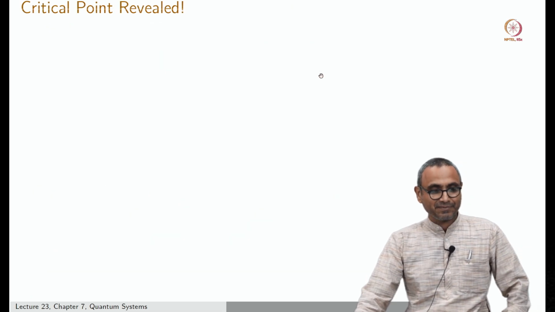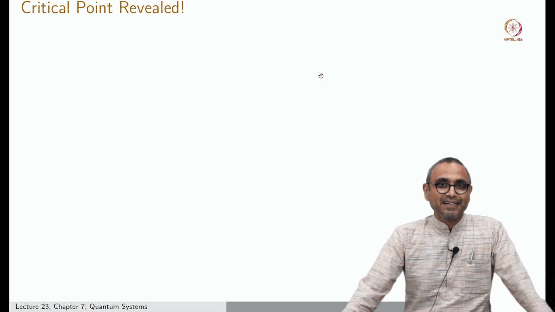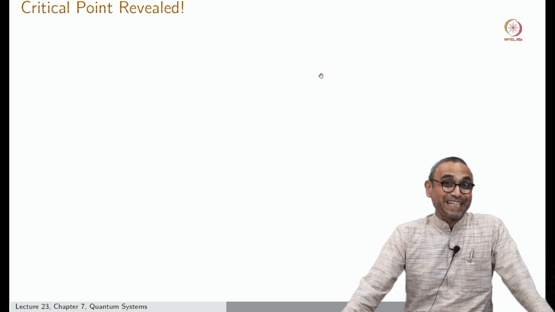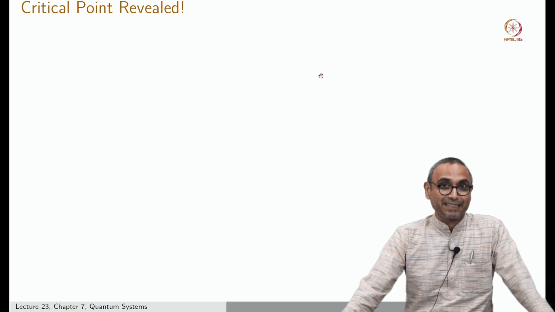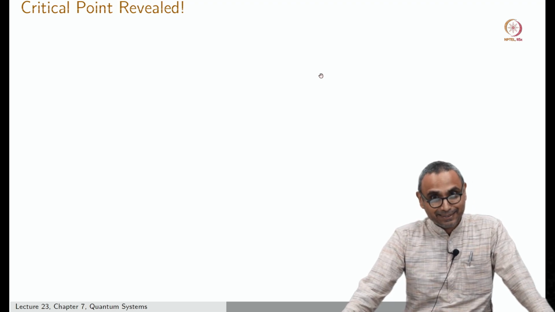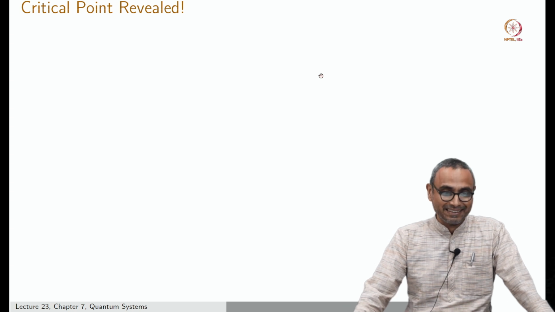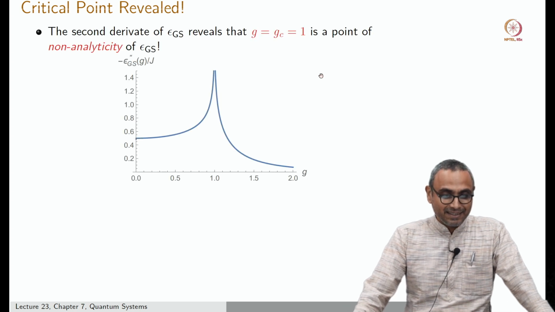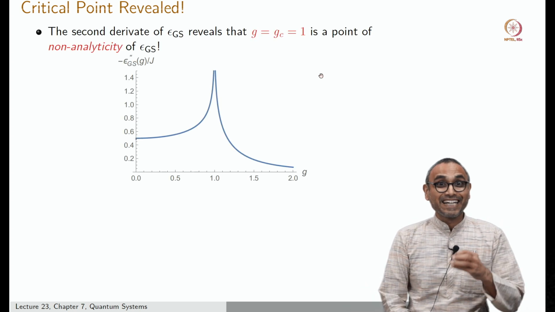Okay. So now we have to reveal the critical point, the main point of the discussion, as well as the critical point of the phase transition. Okay. So here is the message.